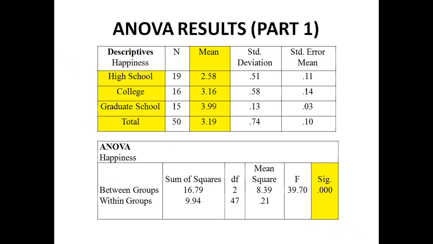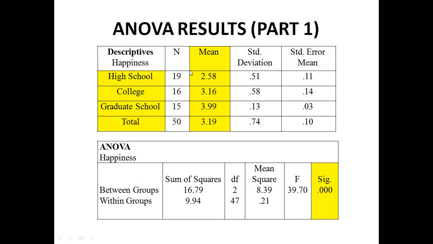So here we go. So the first part that we showed was that the ANOVA, the first thing we look at for the ANOVA is that second box, is it significant? So 0.00, yes, the ANOVA is statistically significant. And then we want to look at the means and say, well, who has the highest and lowest score?